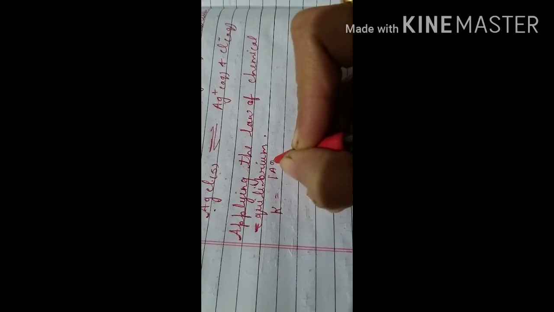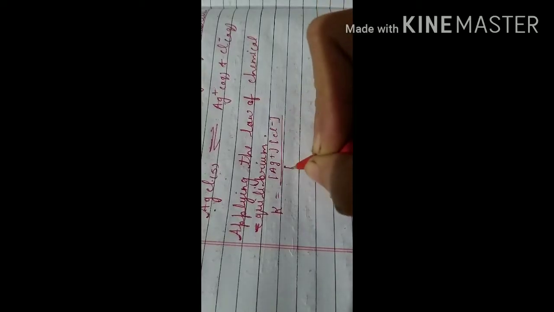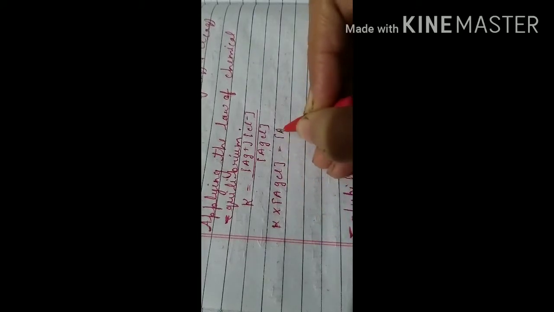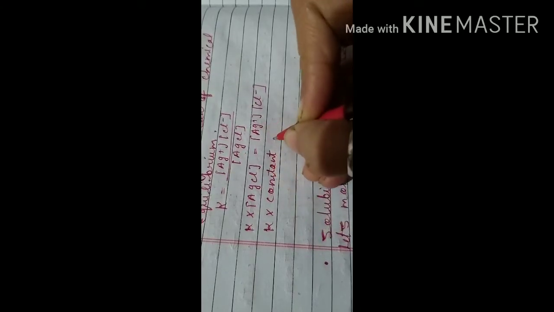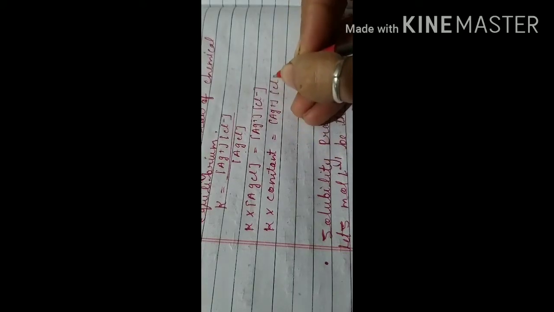For the equation AgCl dissociating into Ag positive and Cl negative, to find its K, it will be the molar concentration of the product Ag positive ion times the molar concentration of Cl negative ion, divided by the molar concentration of AgCl. This AgCl multiplies with K, so K times the constant is equal to the molar concentration of these two products, the Ag ion and the chloride ion.